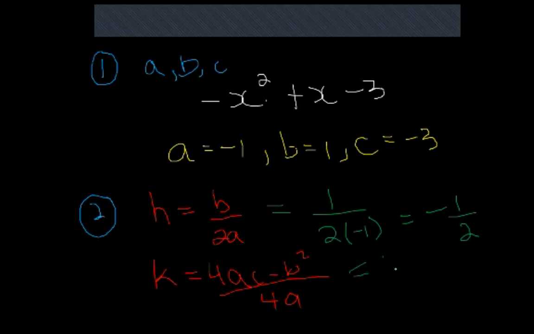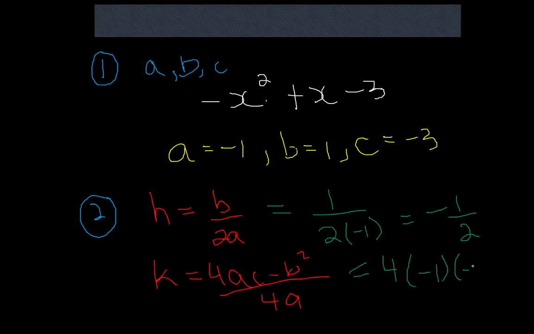So this is equal to 4 times a, which is minus 1, times c, which is minus 3, minus b squared. B is 1, so we know 1 squared is 1, right? So just put the 1 here. And then 4a. So that's 4 times minus 1. And all I have to do now is simplify this to get my value of k.